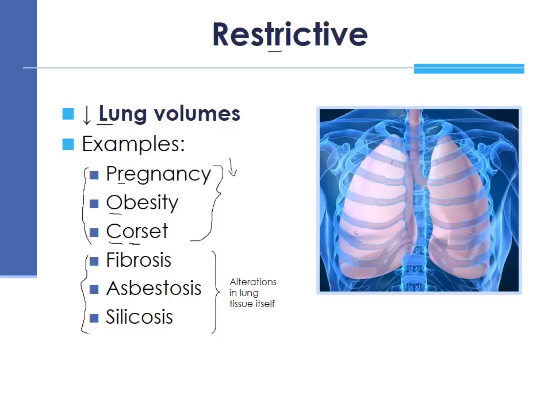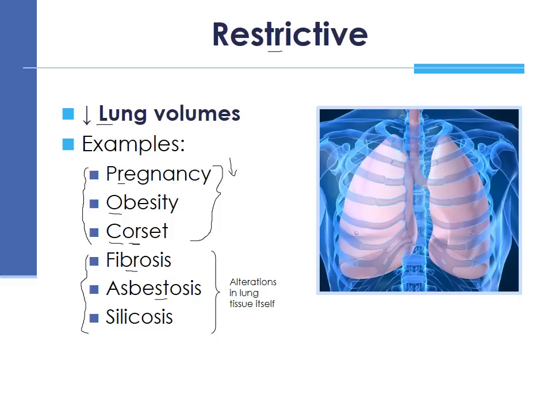With fibrosis, specifically, we are talking about pulmonary fibrosis, where there is scarring of the lung tissue, which is usually caused by pollutants, dust or chemicals. So there's scarring and change of the lung tissue itself. Asbestosis occurs when there's breathing in of asbestos fibers, and silicosis is when silica dust is deposited in the lungs.